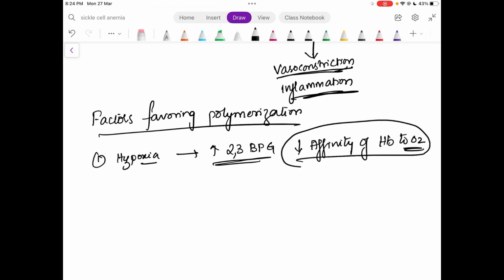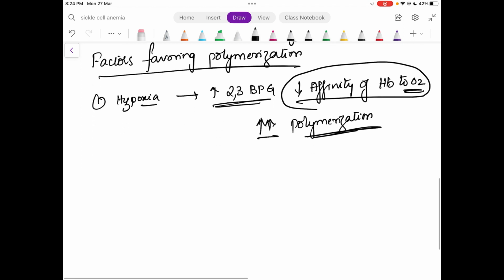Due to this decreased affinity of hemoglobin to oxygen, polymerization increases, because deoxyhemoglobin will have a sickle patch in sickle cell anemia with hydrophobic cavities, so they will cause sickling, and oxyhemoglobin prevents sickling.